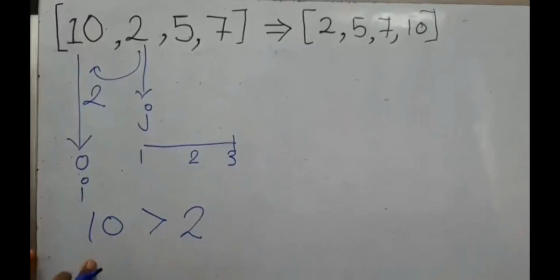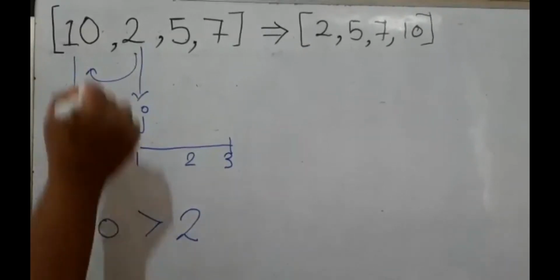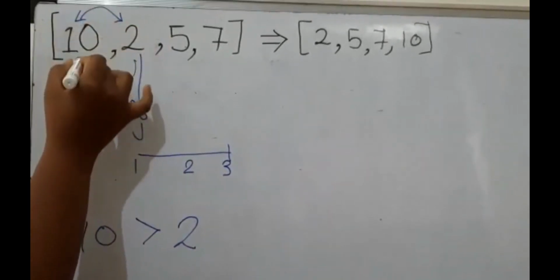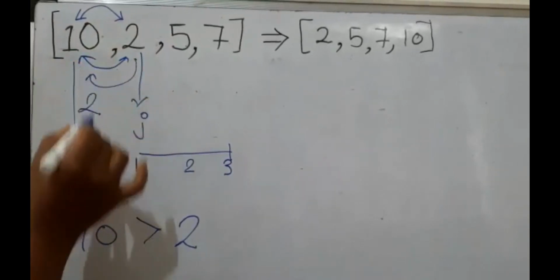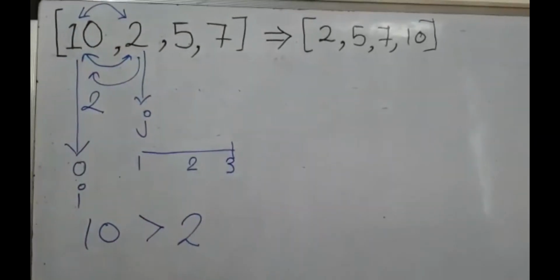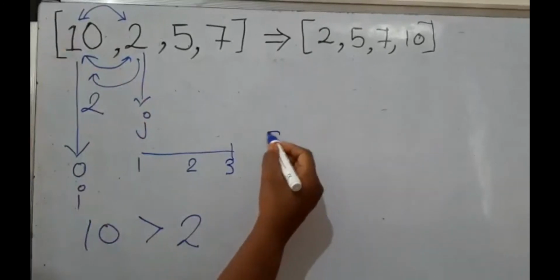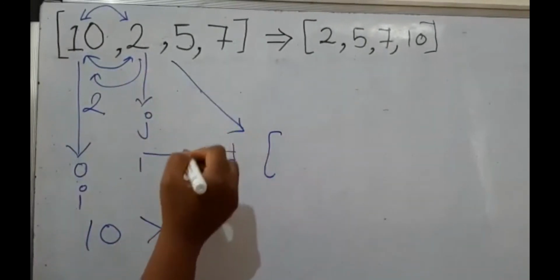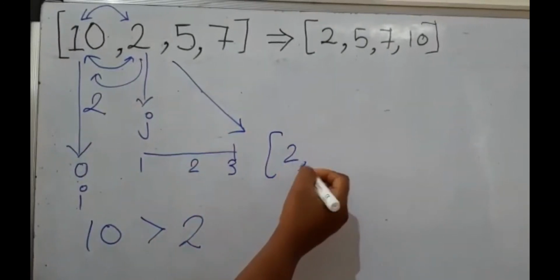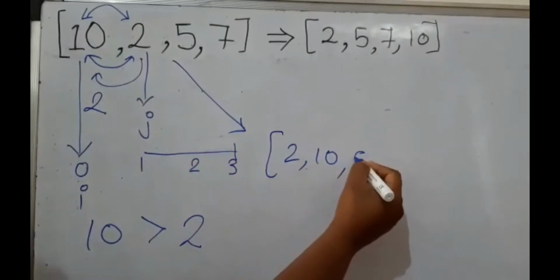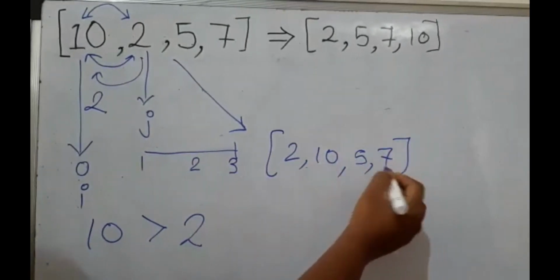If the condition is true, then we swap those values because we need the smallest value at the first position. So our array after swapping becomes 2, 10, 5 and 7.